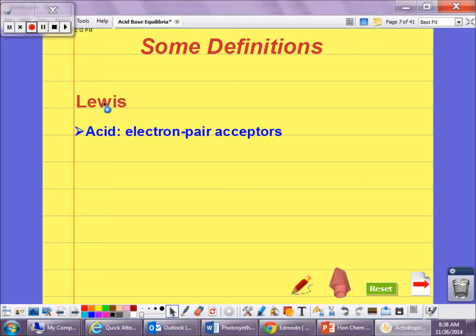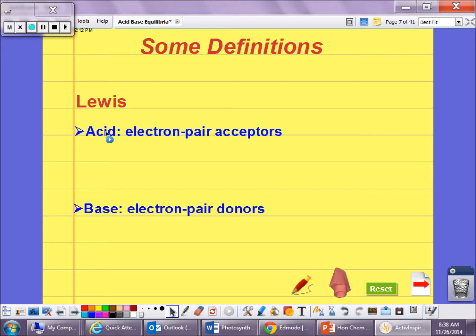Remember, acid starts with an A, acceptor starts with an A. Lewis has to do with Lewis structures, which is pairs of electrons. So it doesn't say anything here about having a hydrogen, or about being in water solution. It is broad. According to Lewis, a base is an electron pair donor.